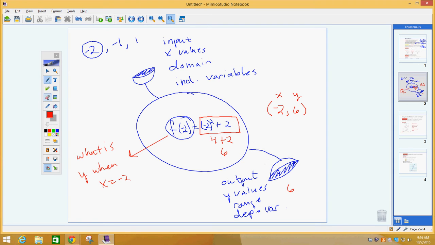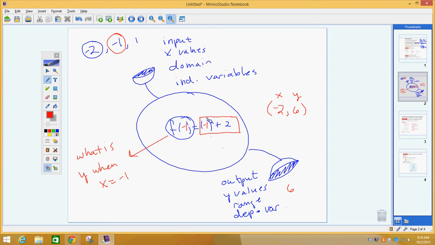Let's look at the other two numbers that I selected. So the next one, I plug in a -1. So this is saying right here, what is y when x is -1?